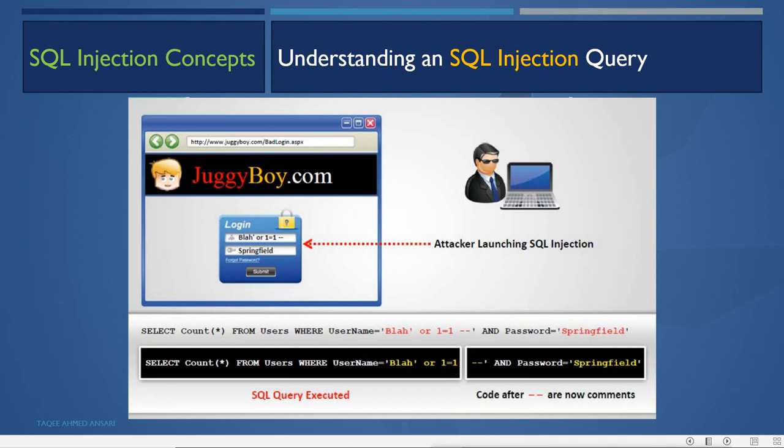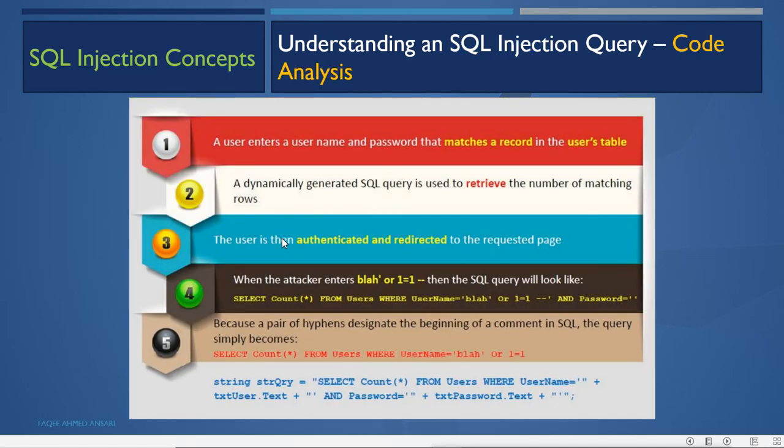Understanding an SQL injection query. Now what does the attacker do here? The attacker is launching an SQL injection. In the previous example we saw what query is becoming. So what will the attacker do? In the username field, the attacker will type the username with this: or 1 is equal to 1, and then these two hyphens.